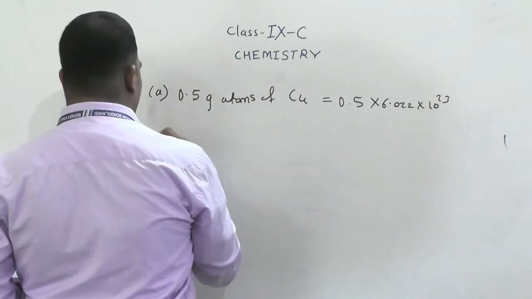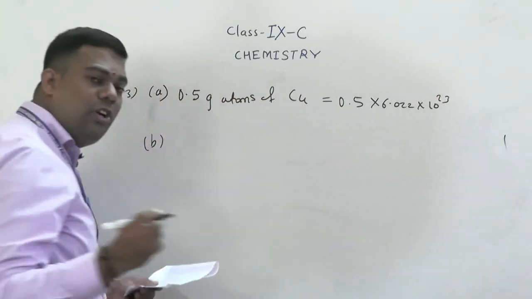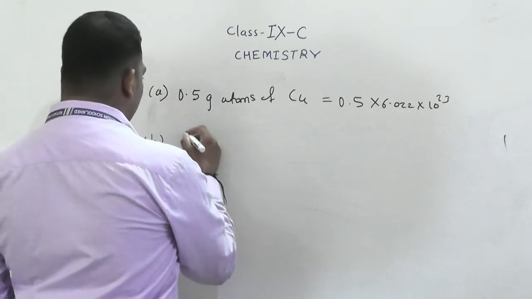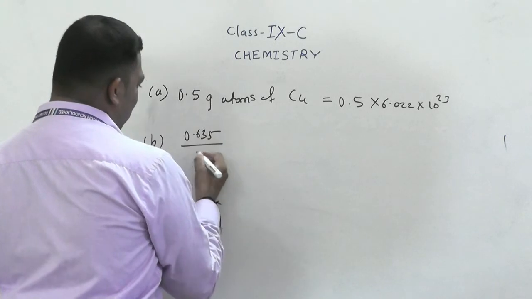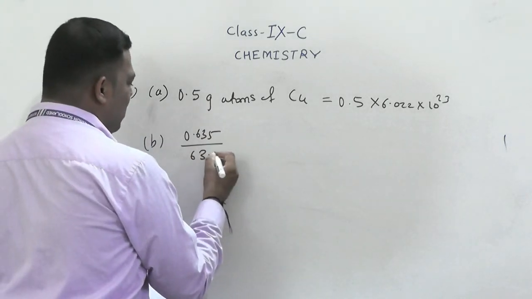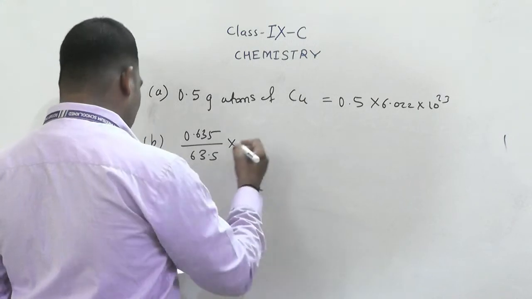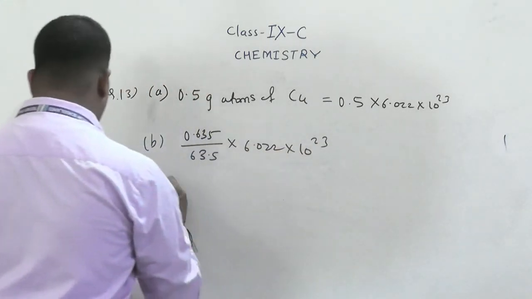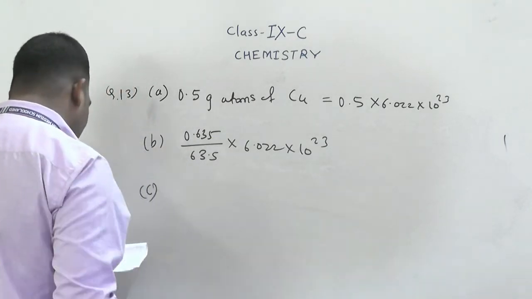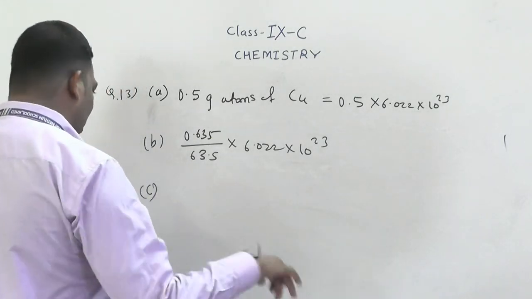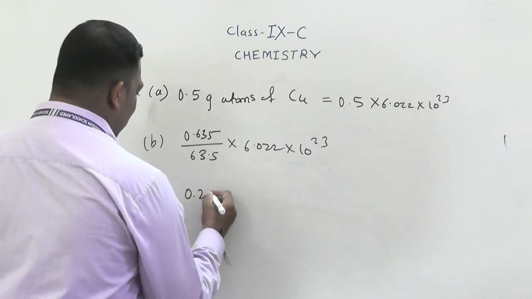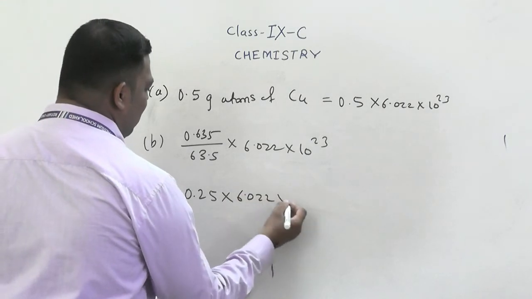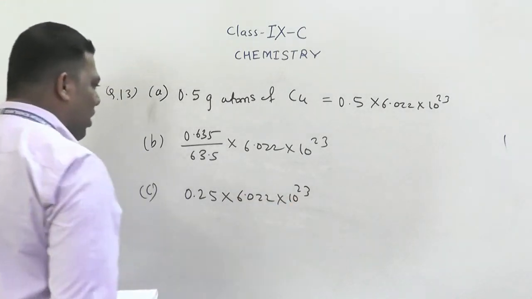Okay. So small b, how can we calculate? 0.635 gram of copper. Easy here. They gave grams, so given mass divided by atomic mass into Avogadro number, 6.022 into 10 to the power 23. Small c, this is 0.25 moles of copper atoms. So 0.25 into Avogadro number, because they gave moles directly there.